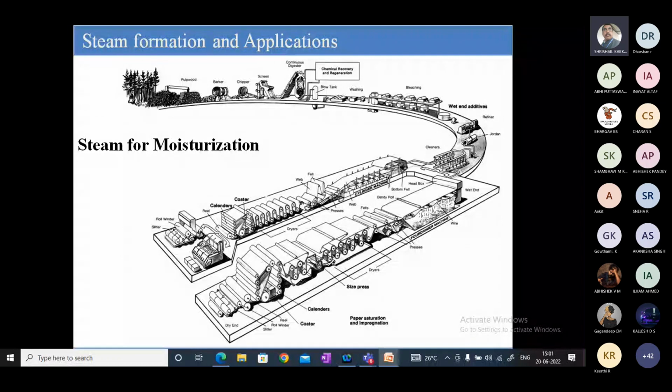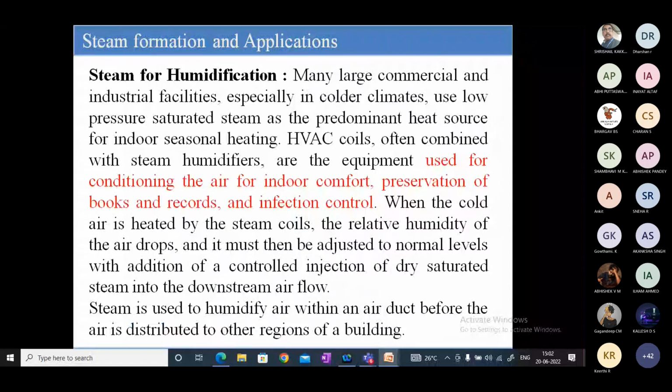Then steam for humidification and dehumidification. As I told you, to keep some kind of comfort conditions, for the preservation of some of the oldest documents and books, infection control, and some of the bodies meant for testing purposes, we keep them either at high temperature or at a cryogenic temperature.